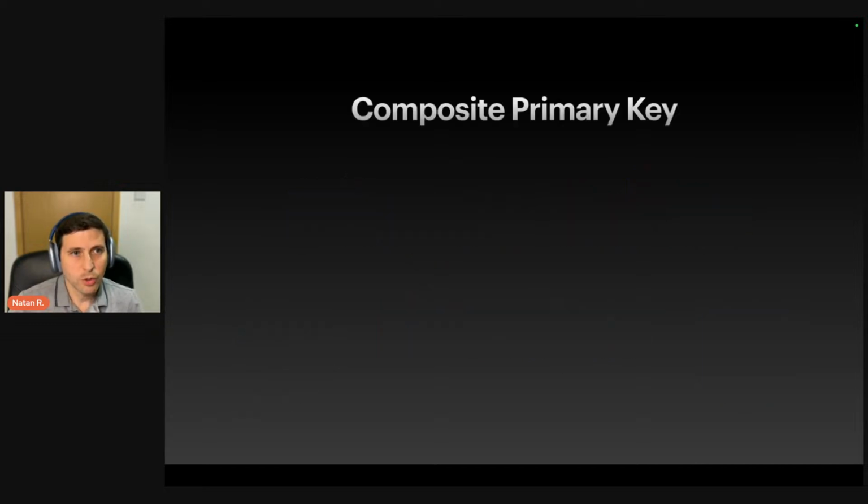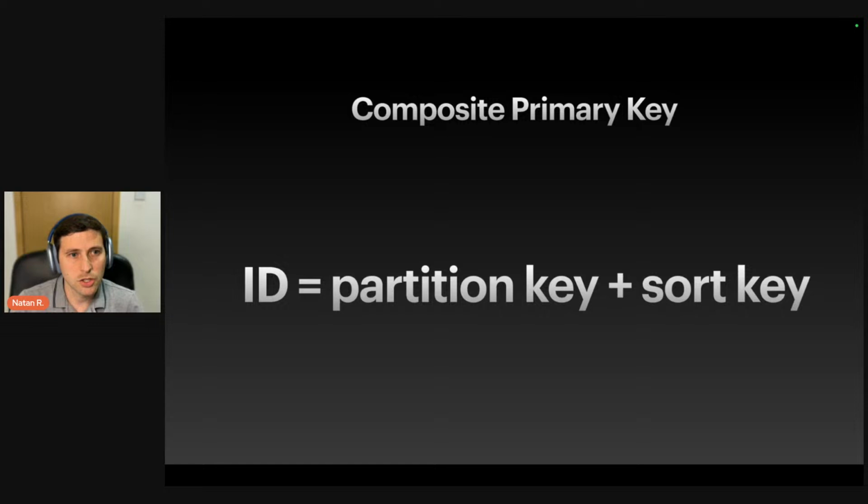So how do you enable this? How do you enable this single table design? To enable single table design, you are going to use a composite primary key. What is a composite primary key? So the ID is made up of 2 columns now. They're not 1 column anymore. So the first one is a partition key.